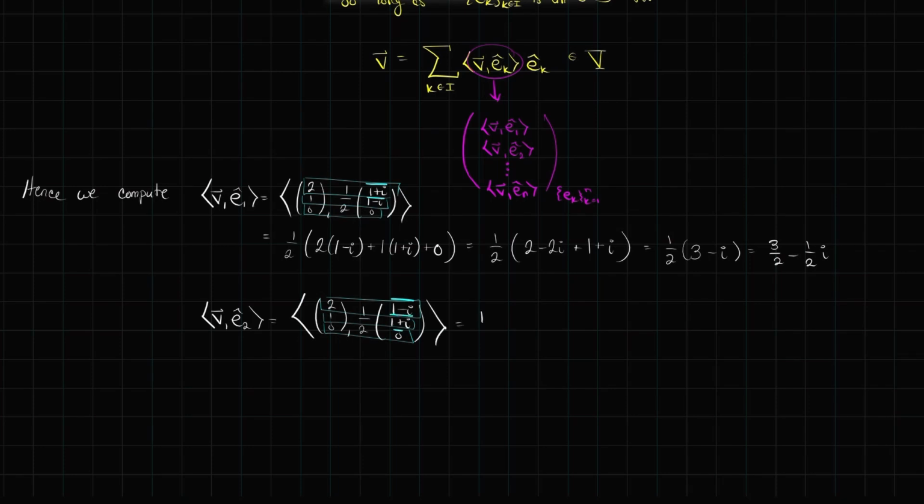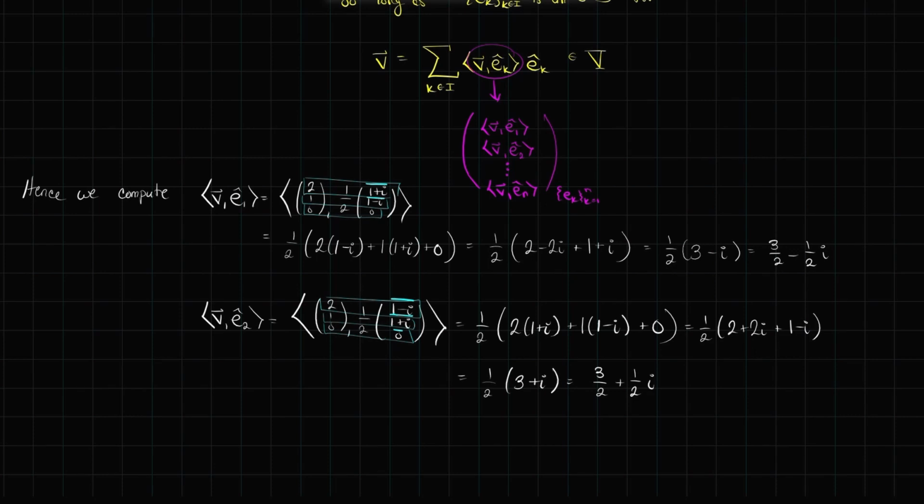This is going to give me 1/2 times 2 times (1 plus i), because of the complex conjugate, plus 1 times (1 minus i), because of the complex conjugate, plus 0, or in other words, 1/2 times (2 plus 2i plus 1 minus i), and this will be 1/2 times (3 plus i), or 3/2 plus 1/2 i.